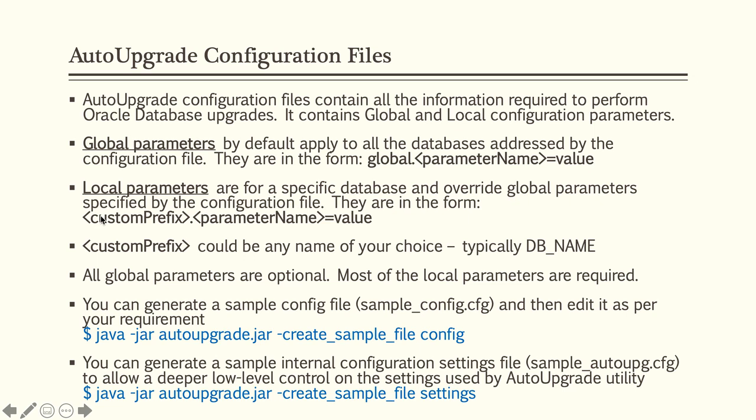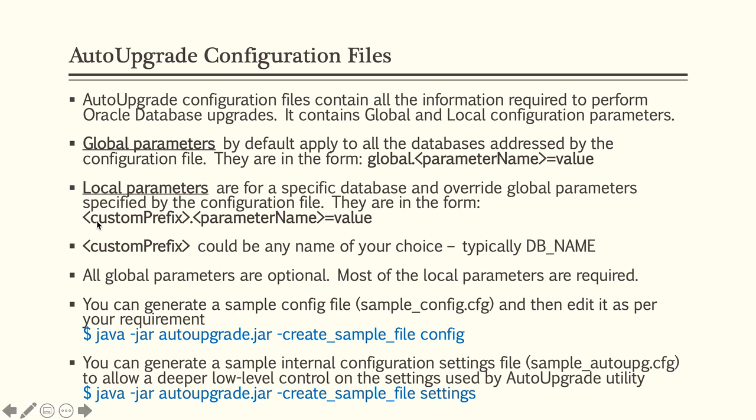And then you mention a custom prefix. I might say xyz dot parameter equals value. What that custom prefix is, it is any name that you would like to give for that particular database entity in the auto upgrade tool. So imagine I am upgrading databases db1 and db2 to a later version.